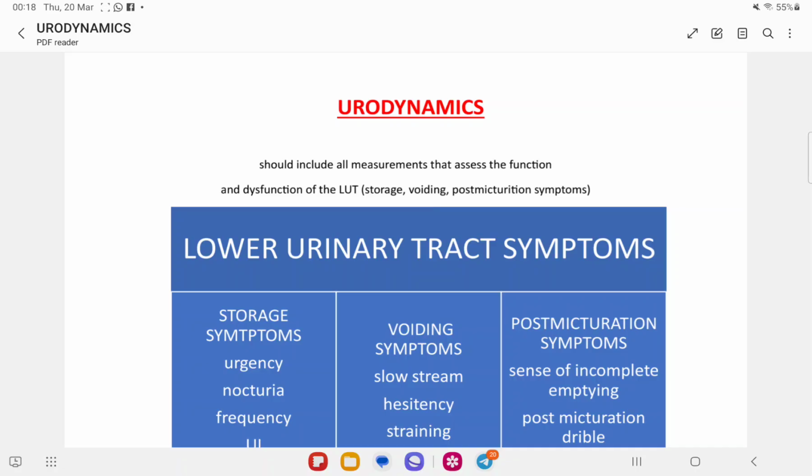So you should know how to interpret the urodynamics. The other station you can get is where you have to do the teaching for the urodynamics. So before going into the details, we will shortly discuss what urodynamics actually is, what its definition is, what it actually assesses in the bladder, and what its importance is.